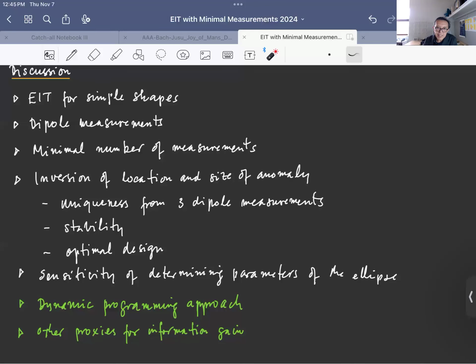But there may be others that could be equally effective and maybe easier to compute. The one difficulty with the KL divergence is that you have to use some sort of sampling, and that's very computationally intensive. The more parameters you have, the higher the dimension of the space that you have to sample, and the more computationally intensive that becomes.